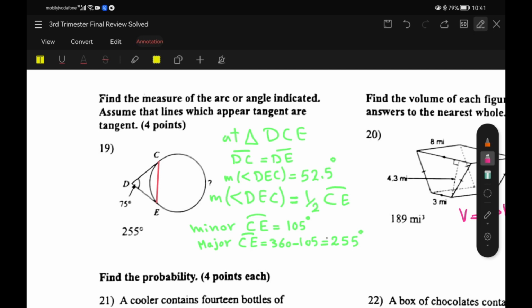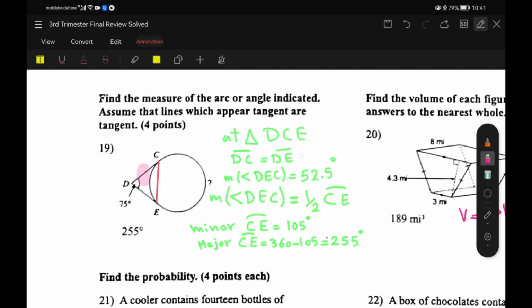But to find the measurement of the minor arc CE, look at the side DC and the side DE. They must be equal because they are two tangents that have the same start point, so they are equal in length.